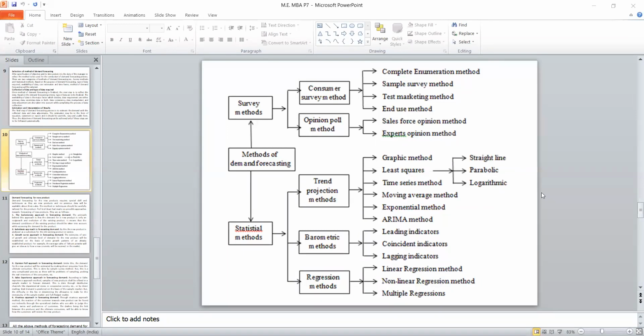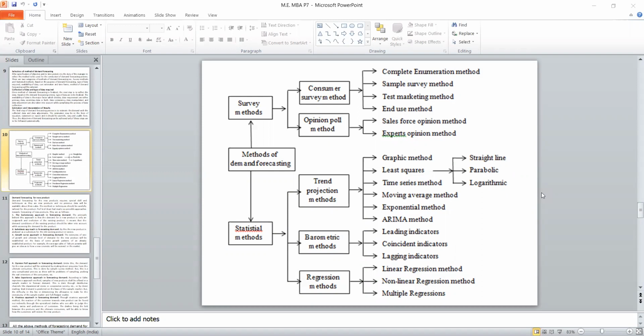Okay, let us continue. The next method is called the barometric method. This is one of the easiest methods of forecasting demand. There will be a list of indicators for a particular thing: raw material, place, price. There are different indicators. We have to categorize them into A, B, C. A category indicators are considered leading indicators.